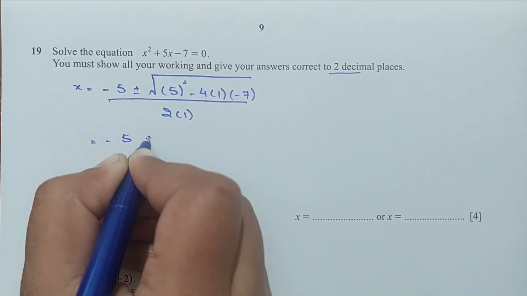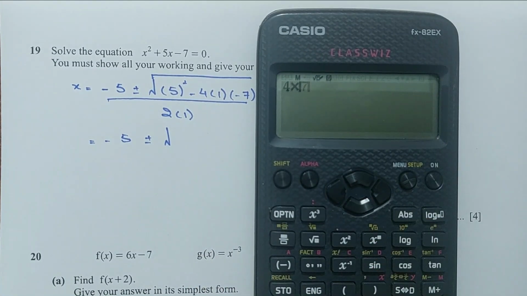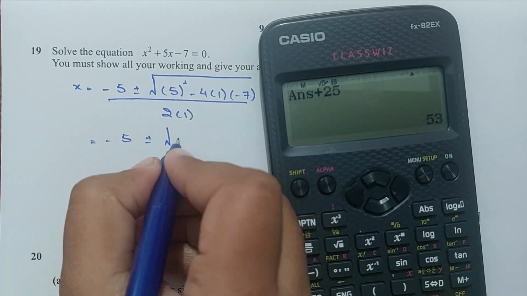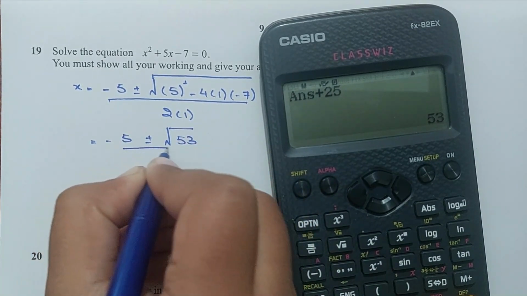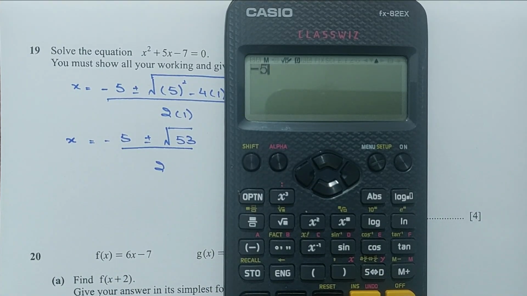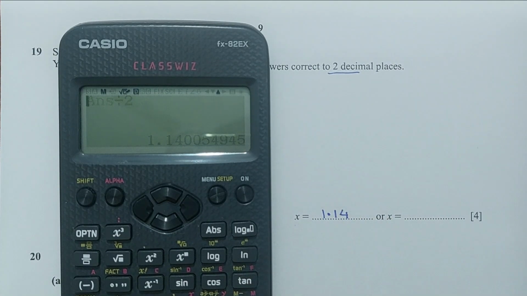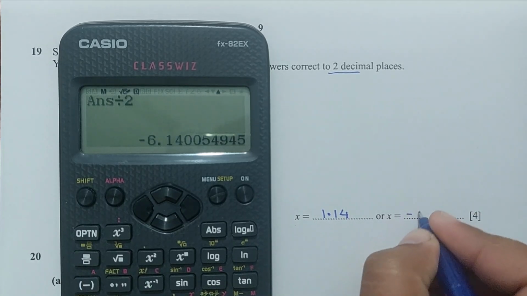So minus 5 plus minus square root of, 4 times 7 is 28, and it's plus, so 25, 5 squared is 25, this is 53, square root, divided by 2. We have two values for x, right? Minus 5 plus square root of 53 divided by 2, this is 1.14, correct to 2 decimal places, yes, 1.14, and minus 5 minus square root of 53 divided by 2 is negative 6.14.